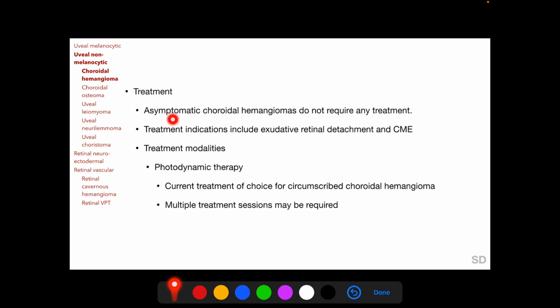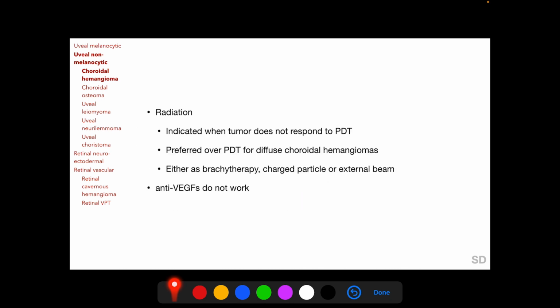Asymptomatic choroidal hemangiomas do not require any treatment. Treatment indications include exudative retinal detachment and cystoid macular edema. Treatment modalities include photodynamic therapy, which is the current treatment of choice for circumscribed choroidal hemangioma, but multiple treatment sessions may be required. Radiation therapy is indicated when the tumor does not respond to PDT, and it is preferred over PDT for diffuse choroidal hemangioma.